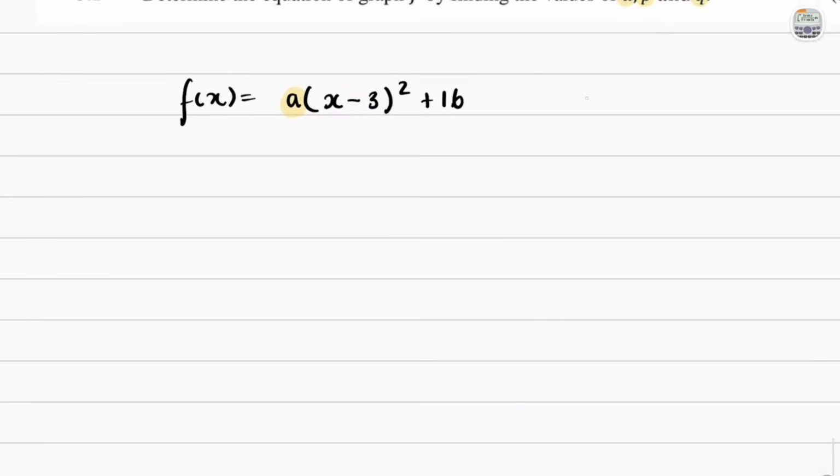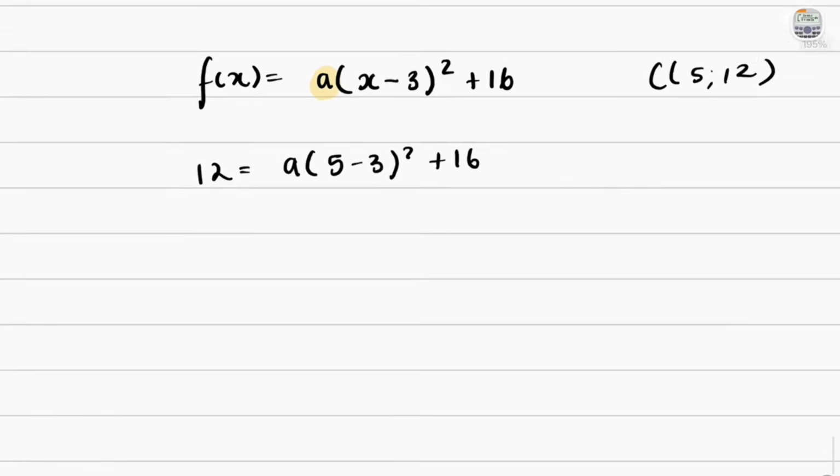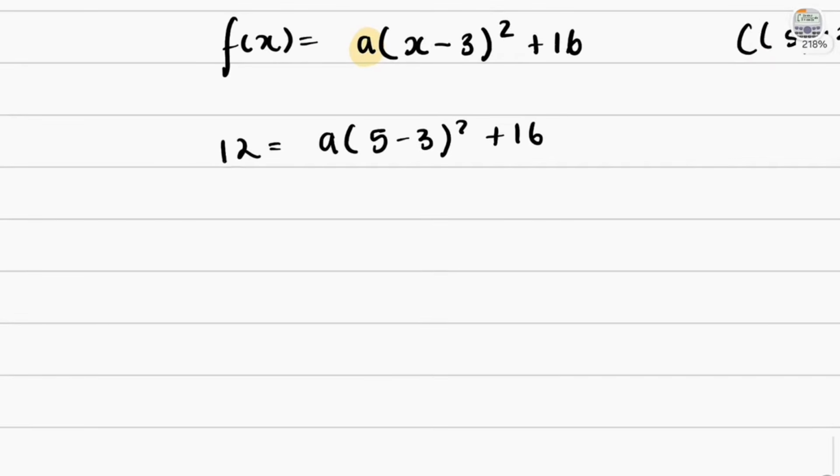So we're going to substitute that point C, which is 5 and 12. And we'll just say 12 is equal to a times 5 minus 3 all squared plus 16. And all we have to do is make a the subject. So to make a the subject, transpose 16. So you have 12 minus 16, which is negative 4, is equal to a. And then multiply by, this is 5 minus 3, which is 2. 2 squared is 4.